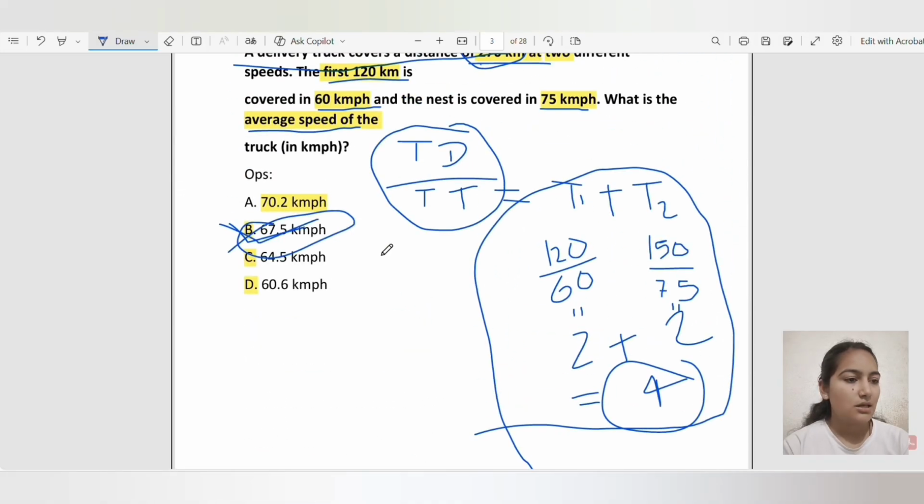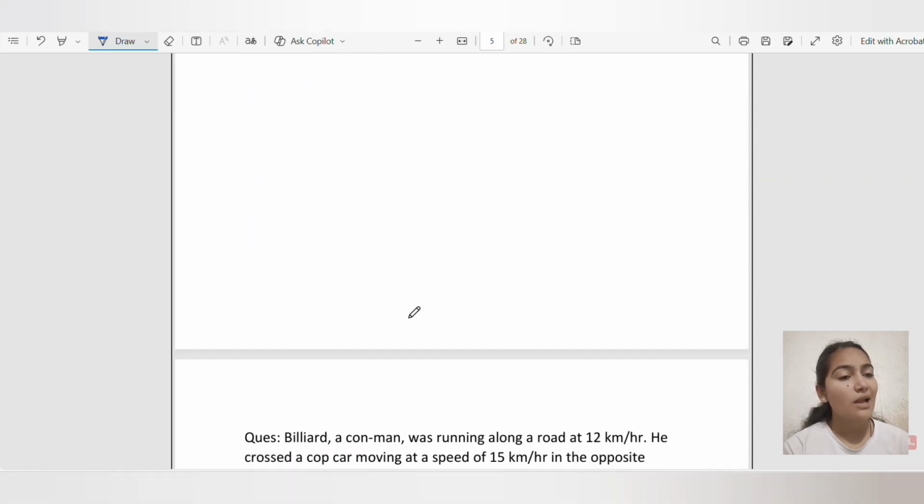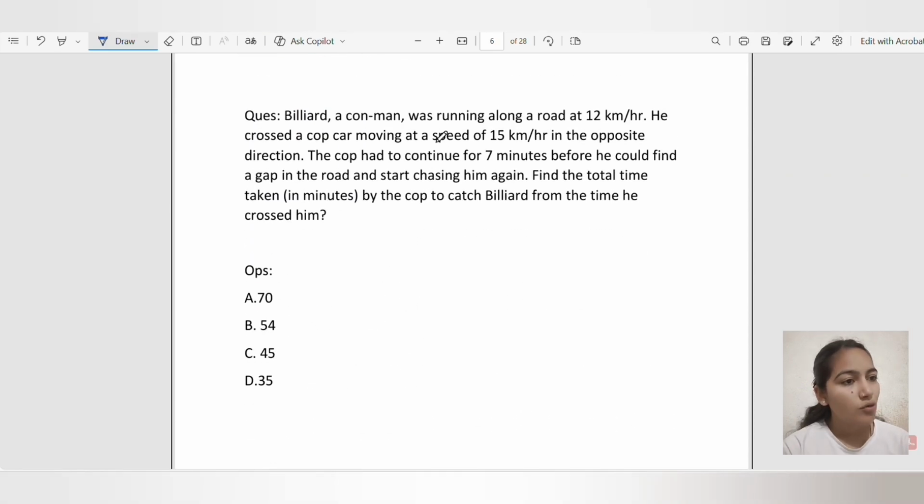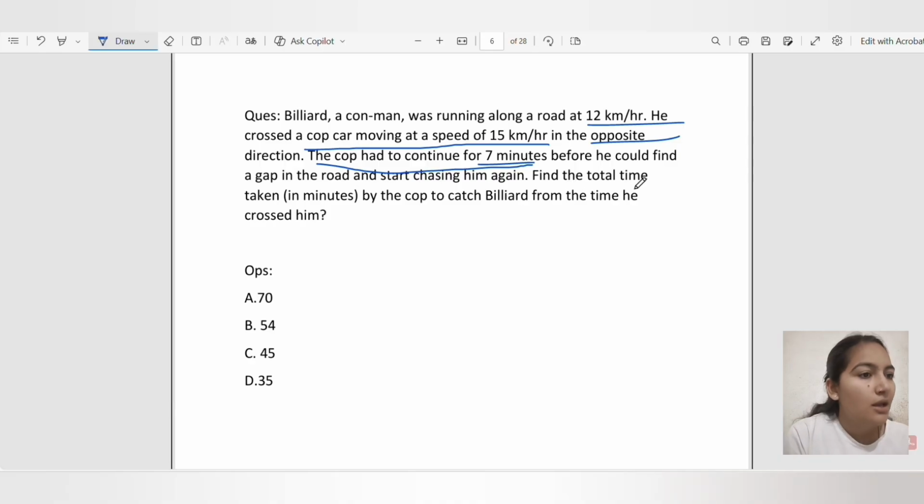Let's see the next question. Billiard, a con man, was running along a road at 12 km per hour. He crossed a cop car moving at a speed of 15 km per hour in the opposite direction. The cop had to continue for 7 minutes before he could find a gap in the road and start chasing him again.